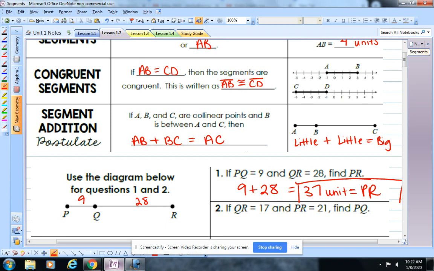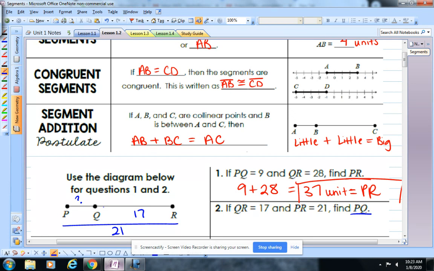Okay, so I'm going to erase this. We'll do number 2. Number 2 tells me the length of QR is 17, so I'm going to label that one. And this time they're telling me the length of PR. Well, what segment is PR? The whole thing is 21 units. So this time they want me to find the length of PQ. PQ is the little tiny segment, right?